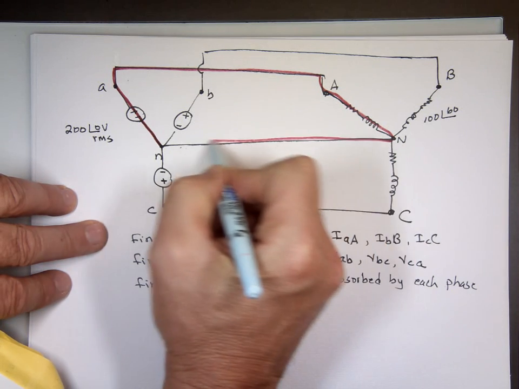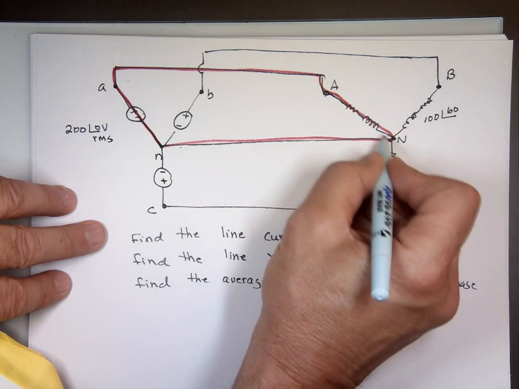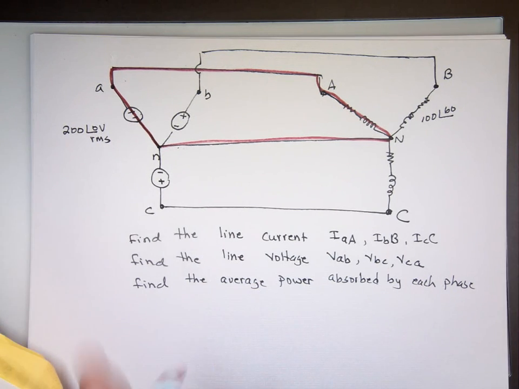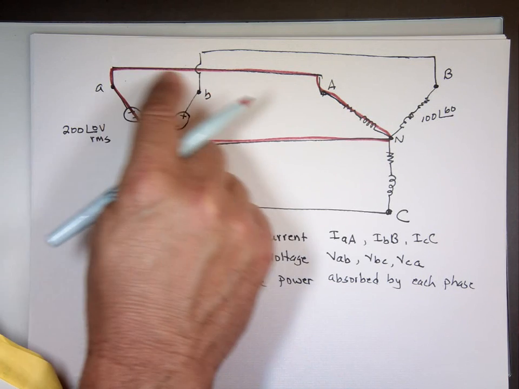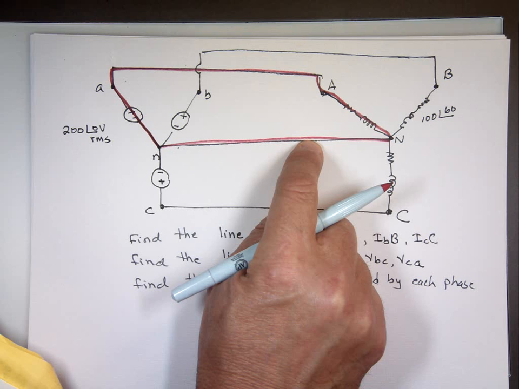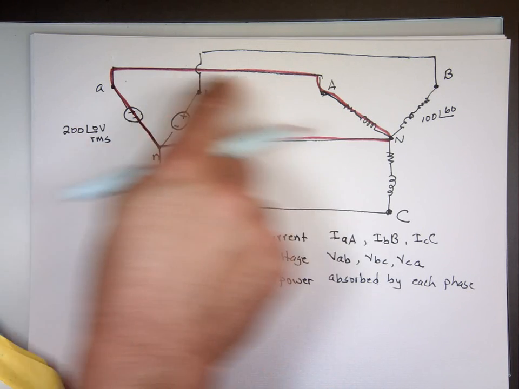So the current going through this source is the same current going through that load, isn't it? There's no other way to split. Once it leaves that source, it has no other way to go till it gets to the ground. This is the ground here, the neutral point. So the current through this one is the same current through A to A, and the same current through that load there.